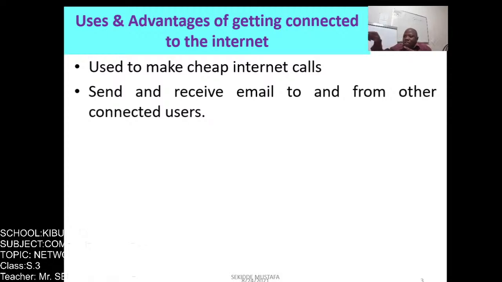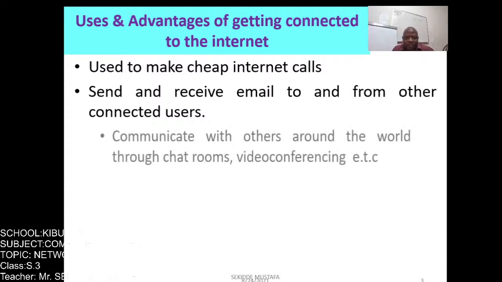For example, in Chibuli Secondary School, we use the network to connect from one person to another. Whoever has a computer inside Chibuli can communicate to one another, but we may not be using the internet, but the network. So this one can act in both directions, network and the internet.